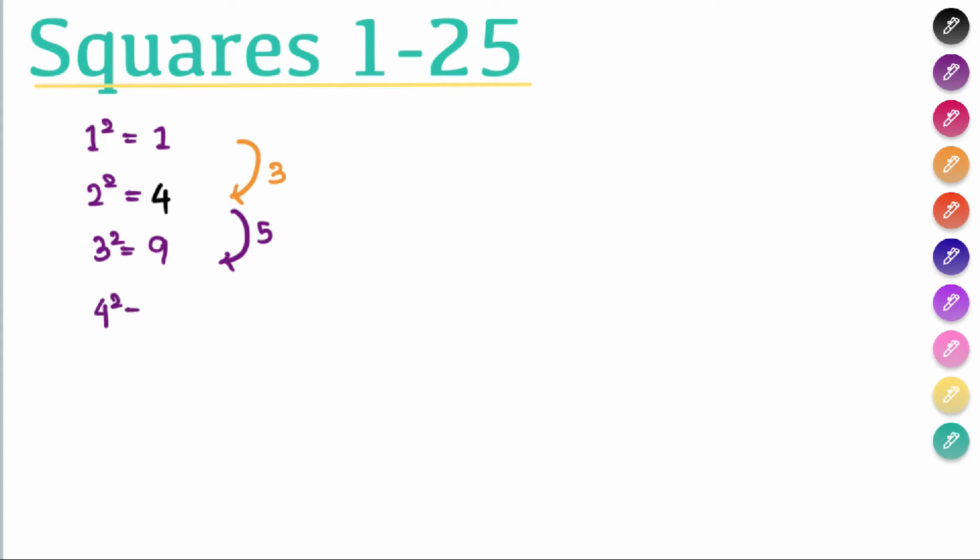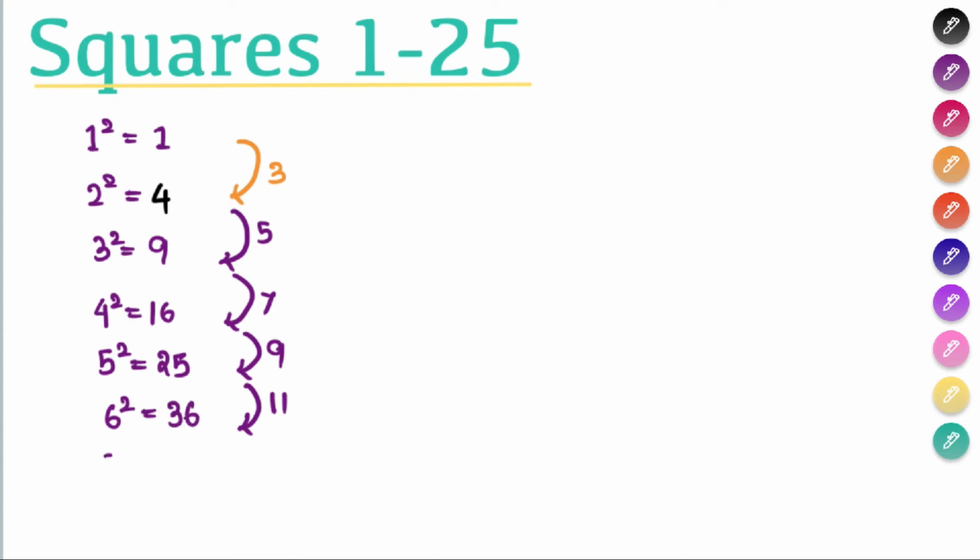Then 4 square, we add 7. Then 5 square, we add the odd number after 7, which is 9. Each time we increase the value by 2. So here we get 25. 6 square, here we increase by 9 plus 2, 11, 36. 7 square, we increase by 11 plus 2, 13, 49.